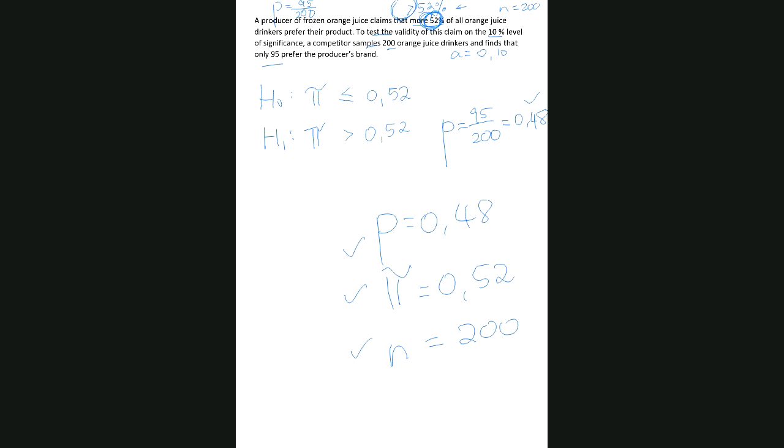So we have p, pi, and the value of n, and they said to use a level of significance of 10%.